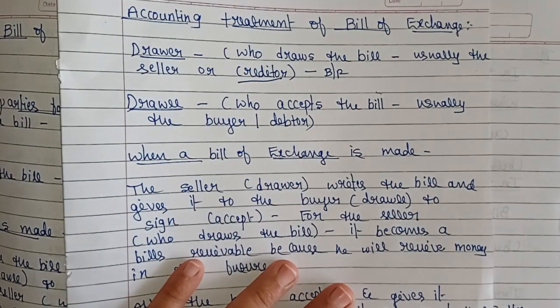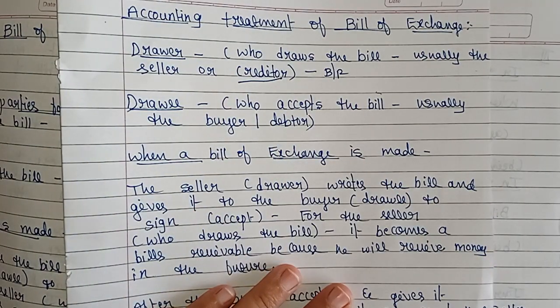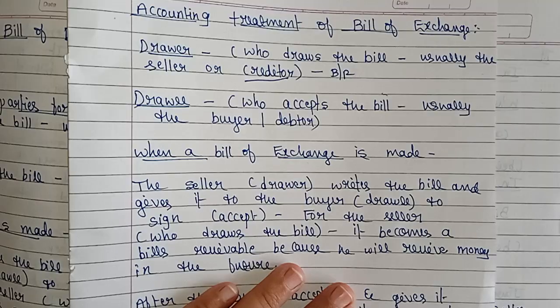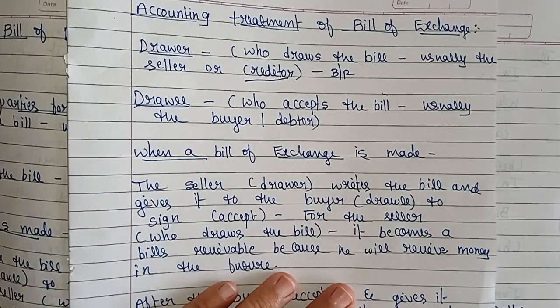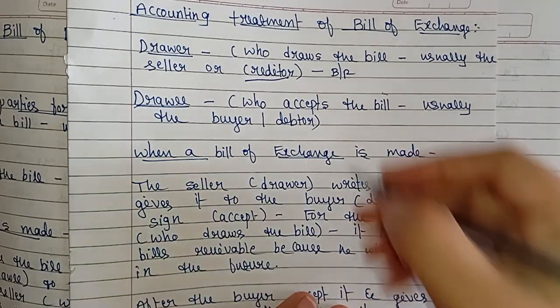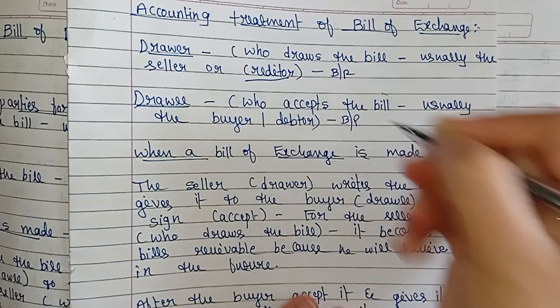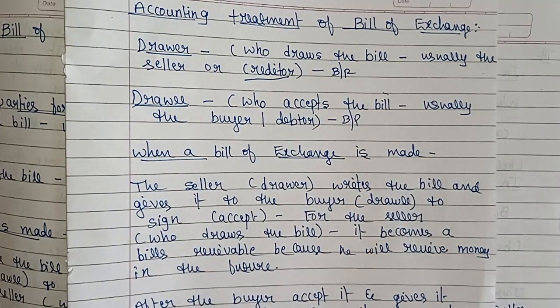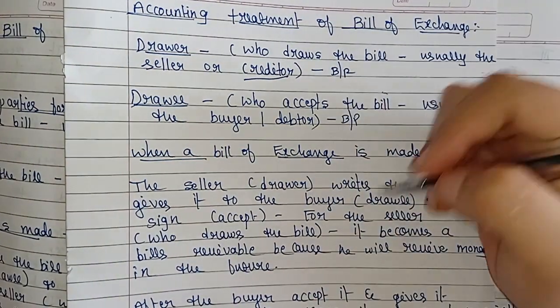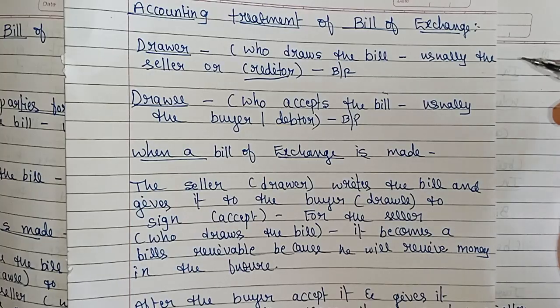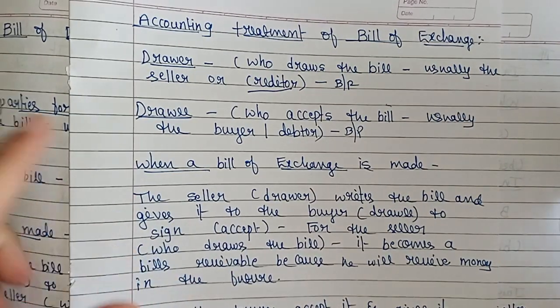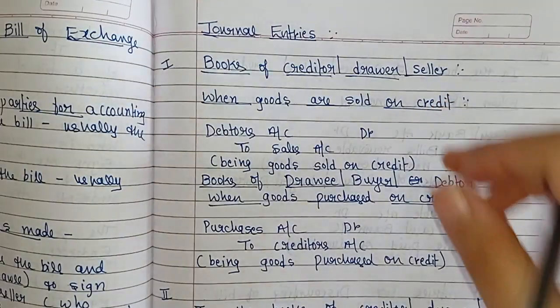And the drawer becomes a bills receivable because he will receive the money in the future. And drawee becomes bills payable, who has to pay money in the future. Clear? So these four terms are very important when passing the journal entries under bill of exchange. So let's see the journal entries one by one.